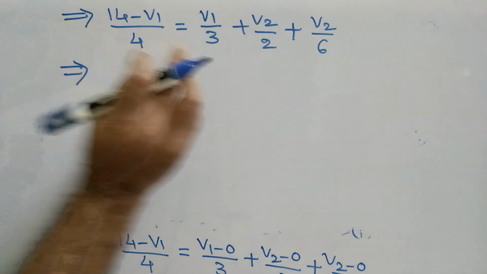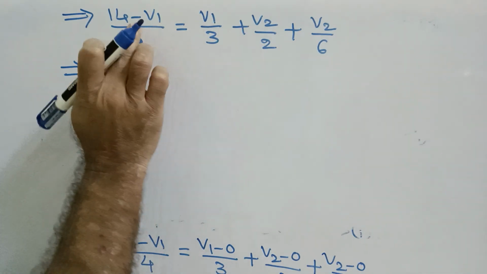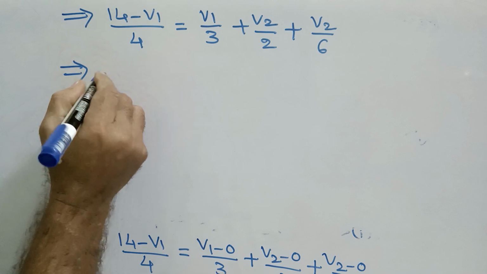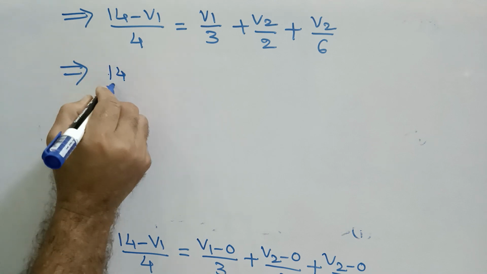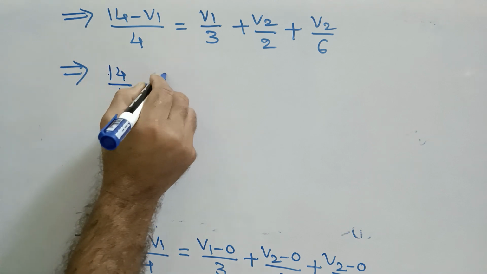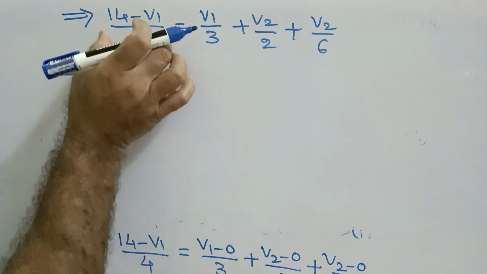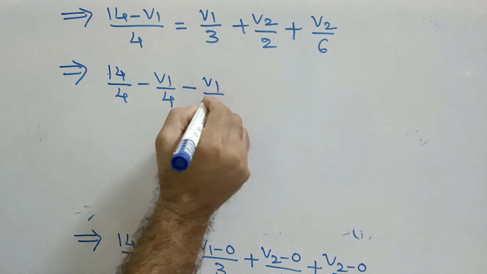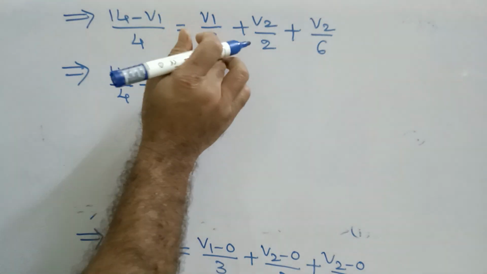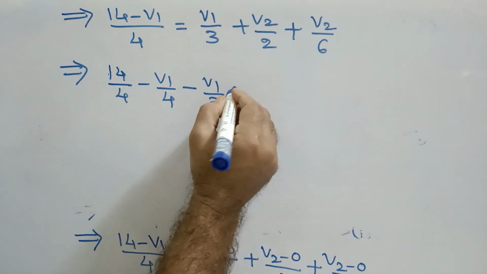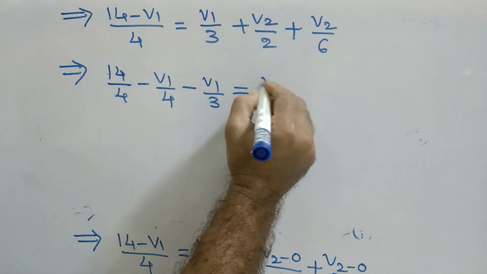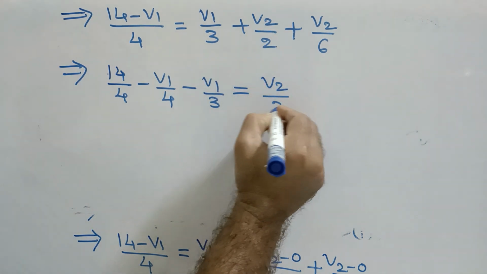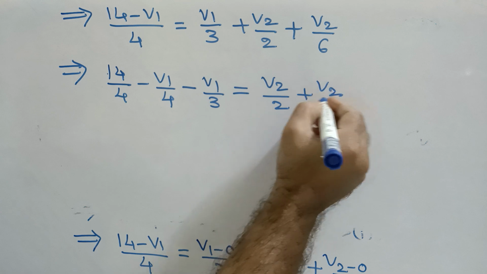Because this V1 by 3 is there, here V1 by 4, this can be written as 14 by 4, V1 by 4. I am expanding this, bring this V1 to the left side, then V1 by 3 you can write, and on the right side what you will have? It is V2 by 2 plus V2 by 6.